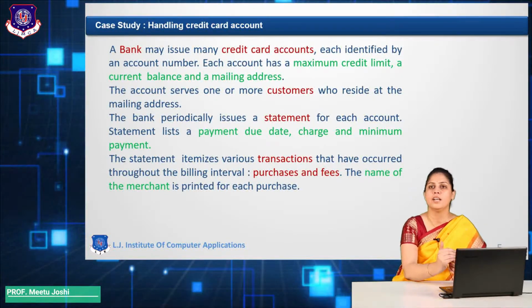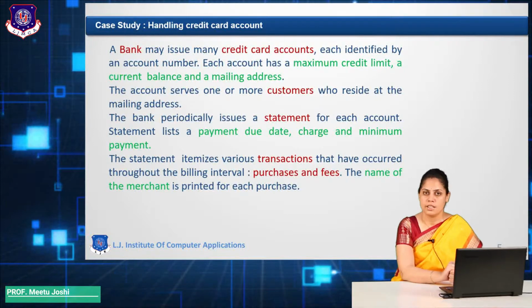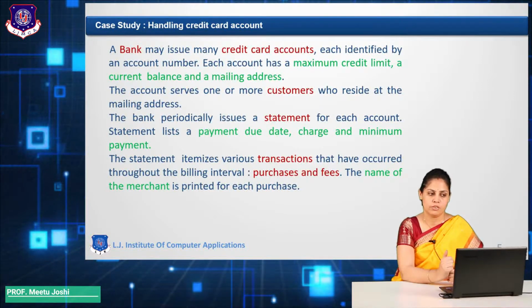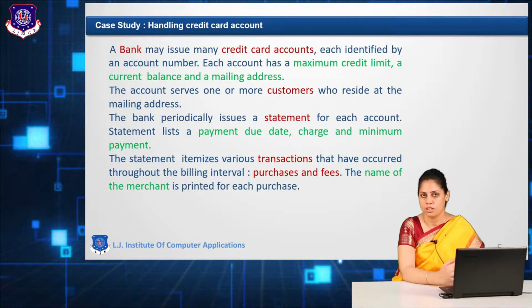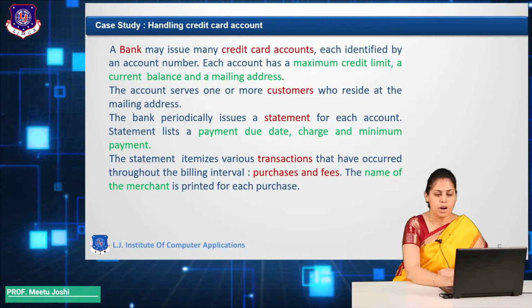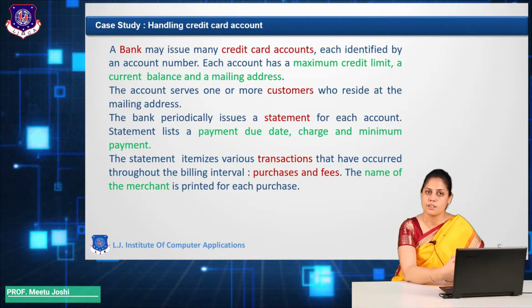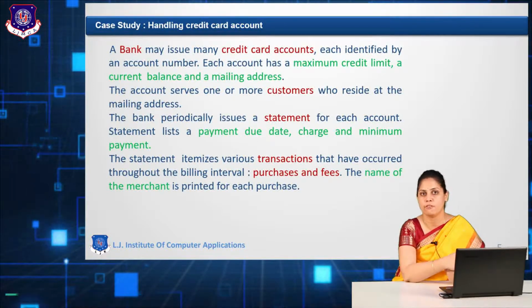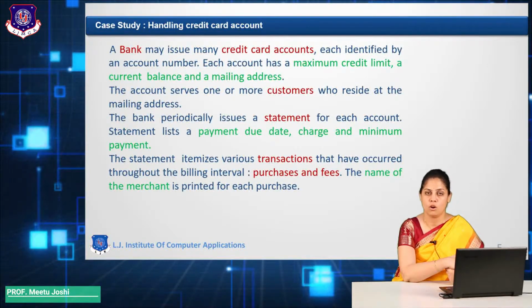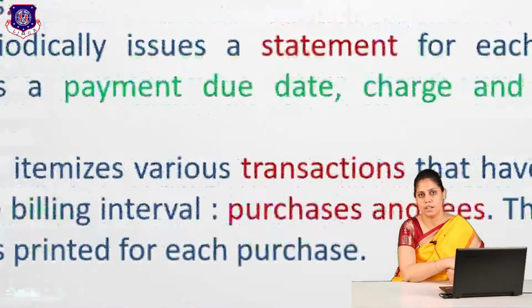Now, after reading this case study, when we start drawing the class diagram, firstly we have to identify the set of classes. How can we identify the set of classes? In the statement, we have to find the nouns, or we can say the real-world entities.